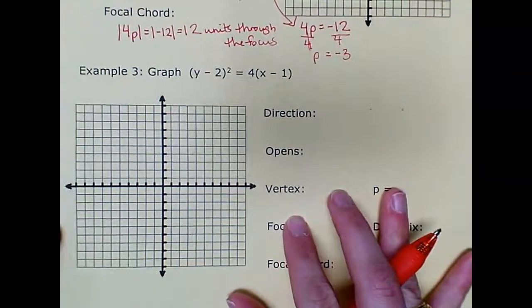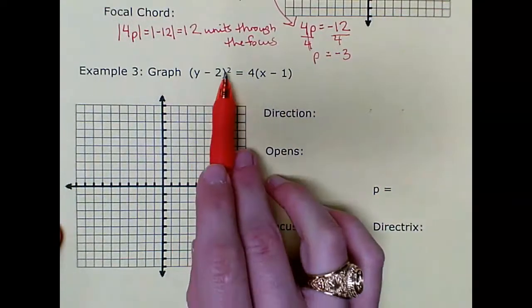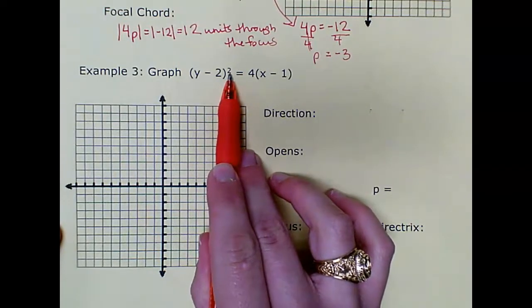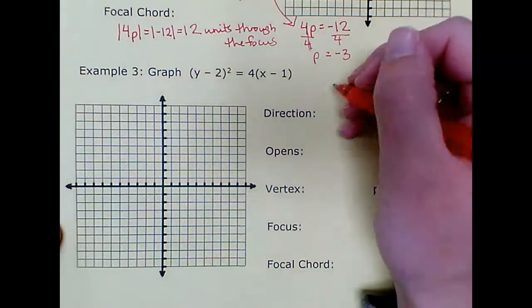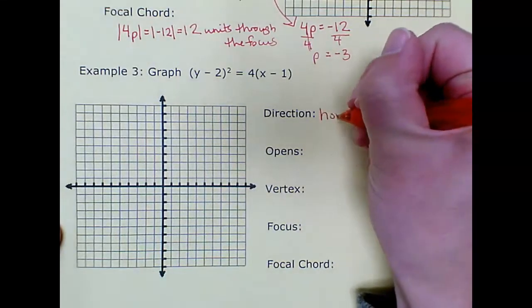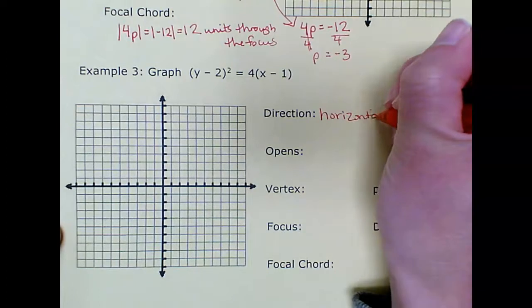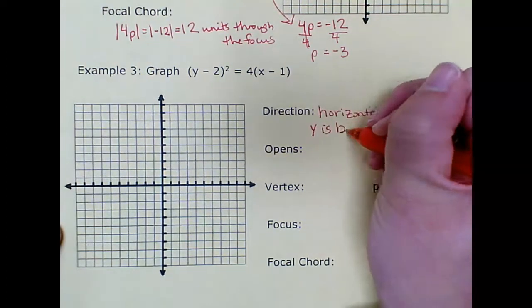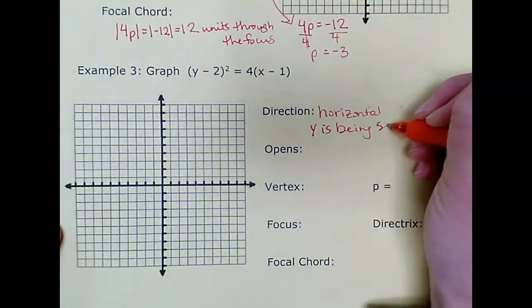Let's do example 3. What's different about this one? What's being squared? The y value is being squared, so that means that the direction that it's opening is not vertically, it's horizontal, because y is being squared.